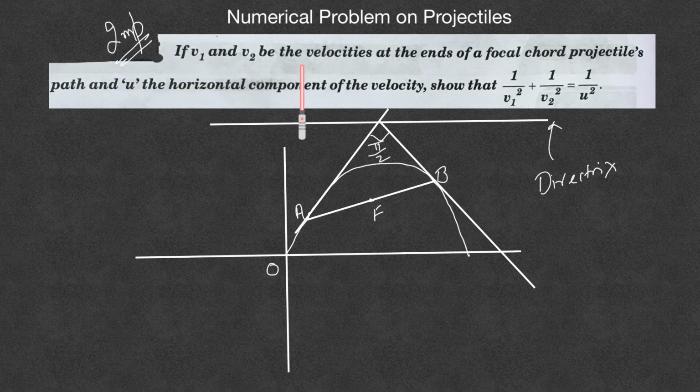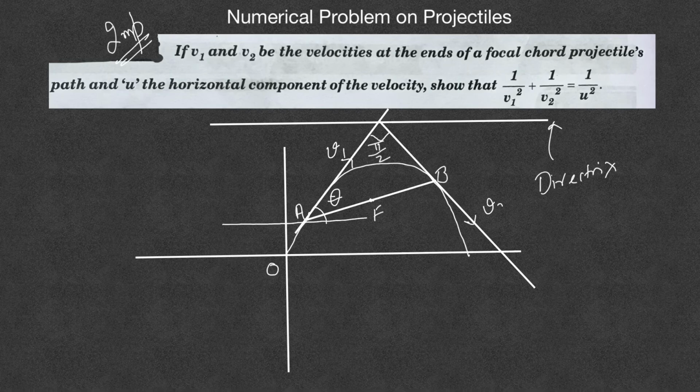Now we read out the statement again. If v1 and v2 are the velocities at the ends of a focal chord, A, B are the ends of a focal chord, and this tangent is giving the direction of the velocity. Say this is making an angle theta. So may I draw here the horizontal line. This angle is theta and this velocity is v1.